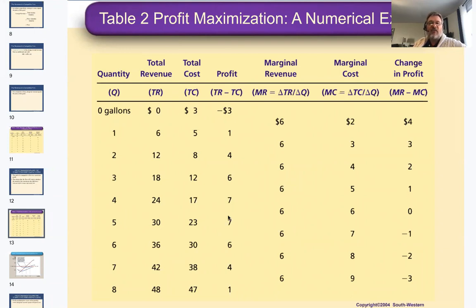But if you're thinking about it from a management perspective, you want a rule that will always identify a profit maximum. And there's only one rule that will do that: if you look at the amount of output, in this case the 5th unit, where the marginal revenue is equal to the marginal cost, that will always be a profit maximum.